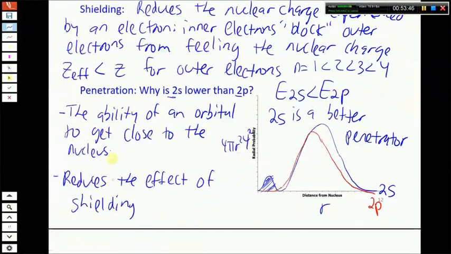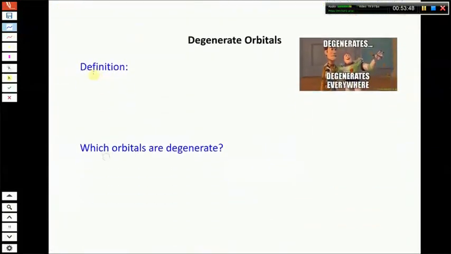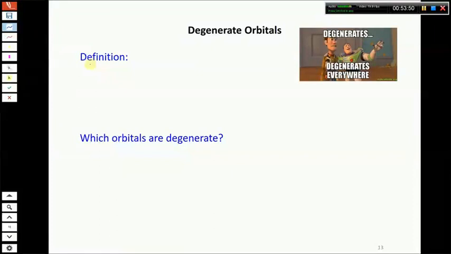And then the last thing we have to talk about before really getting into how we fill these subshells is what are called degenerate orbitals. Now degenerate does not mean law-breaking in this situation. Degenerate orbitals are orbitals that have the same energy.